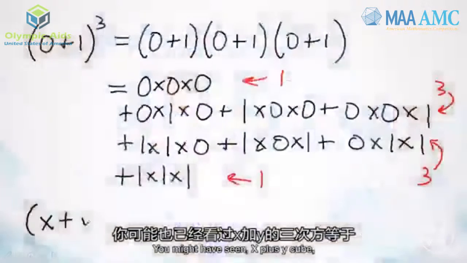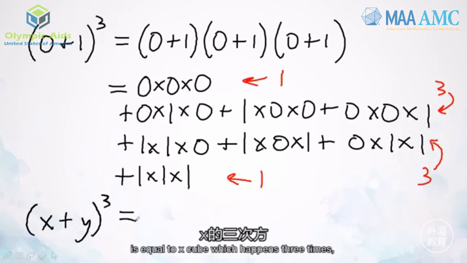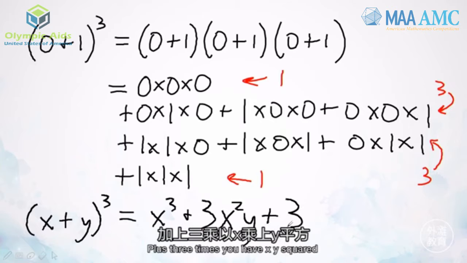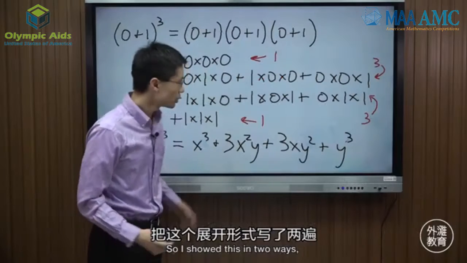You're used to maybe seeing x plus y cubed is equal to x cubed, plus 3 times x squared y, plus 3 times xy squared, and then y cubed. So I showed this in 2 ways.